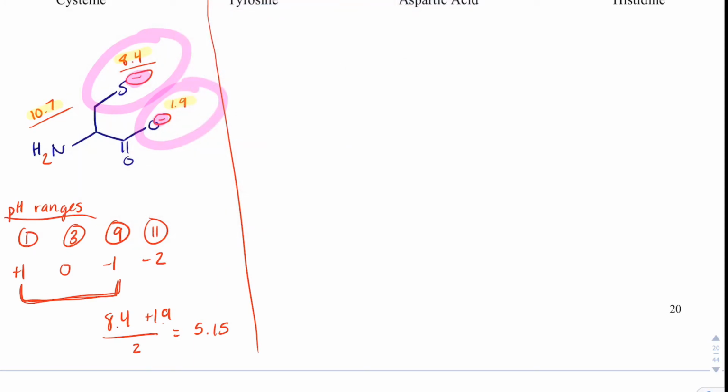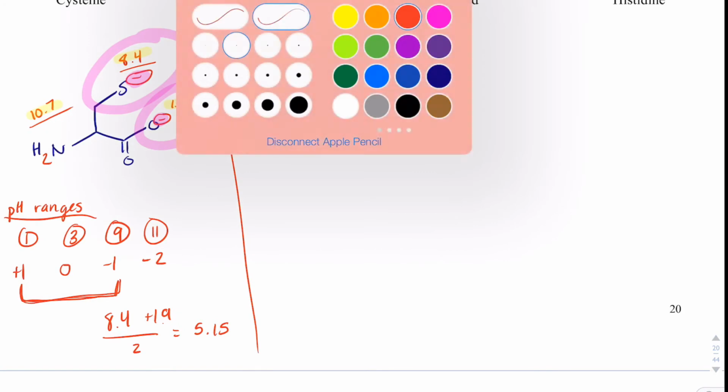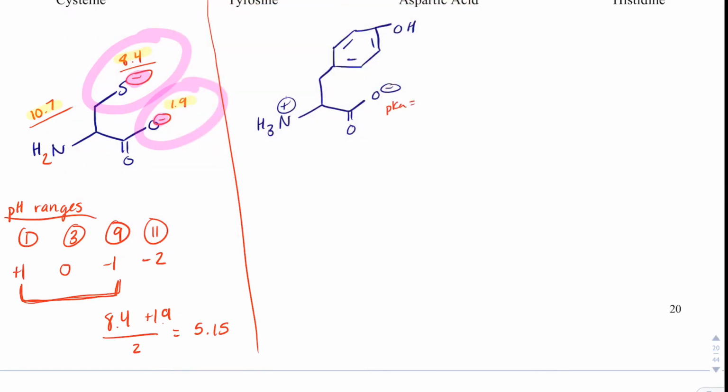Tyrosine looks like this. And my pKa's is 2.2, equals 10.5, and this pKa equals 9.2.